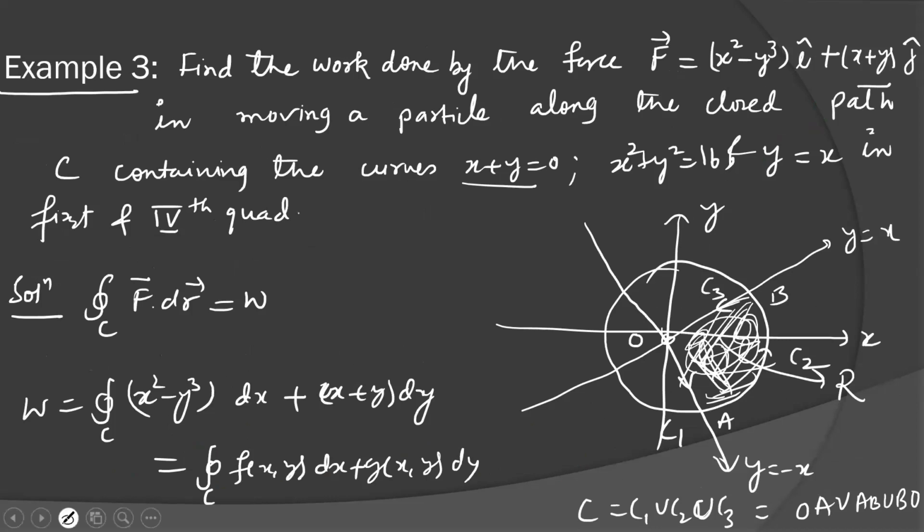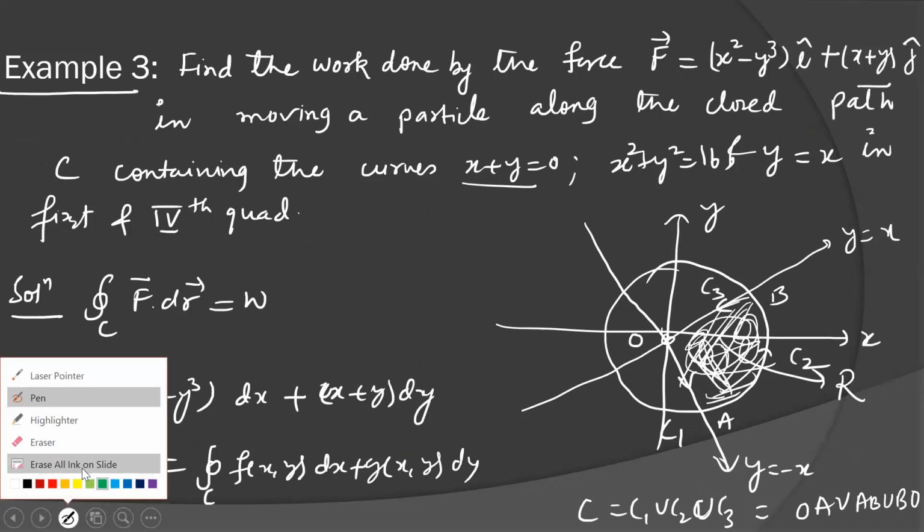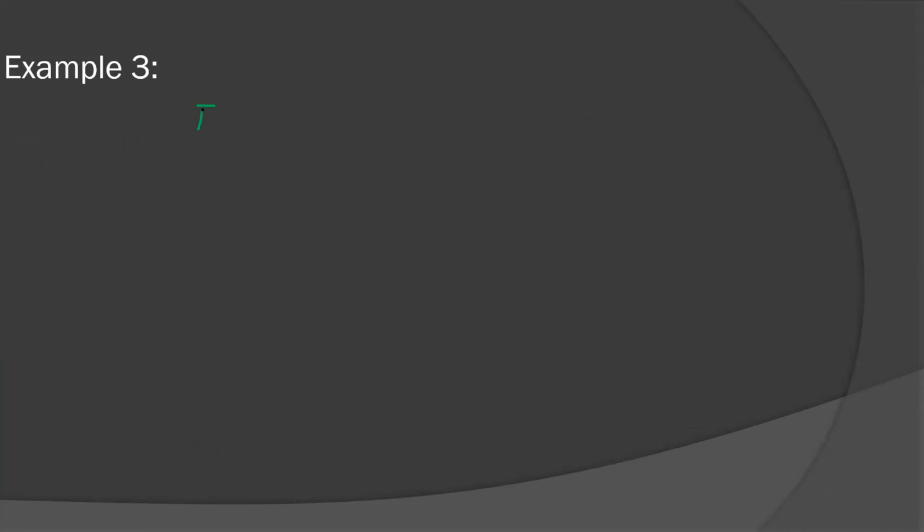So the integration now will look like theta equal to minus pi by 4 to pi by 4, r equal to 0 to 4, 1 plus 3 r square sine square theta, r dr d theta.